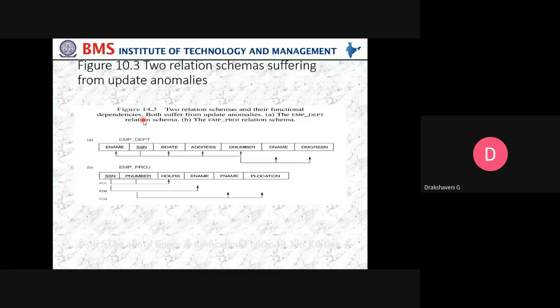Once you update only the department, it should also be updated in the employee. If you are changing the department name, you have to update it in all 100 employees, and then it becomes very difficult. The same way in a project also, if you are updating the project, it becomes very difficult. So I'll stop here. We'll continue in the next class.